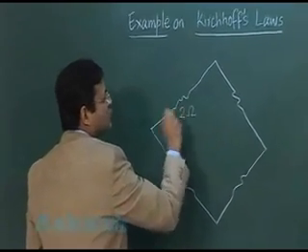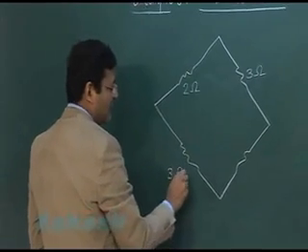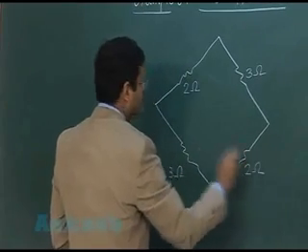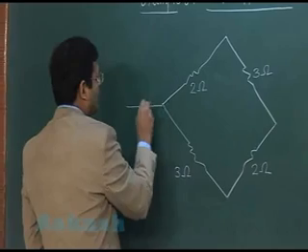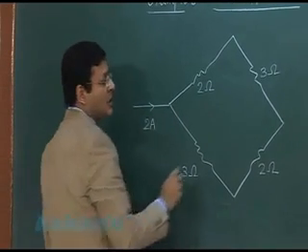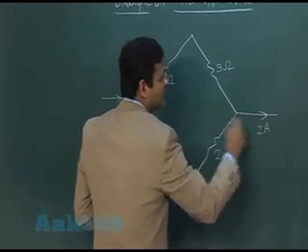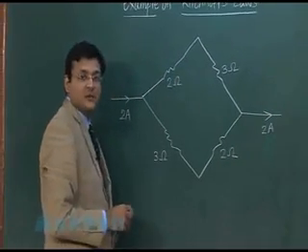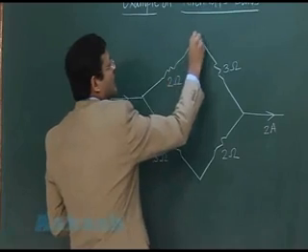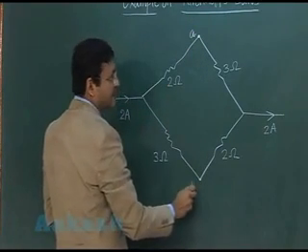This is resistance 2 ohm, this is resistance 3 ohm, this is resistance 3 ohm, and this is resistance 2 ohm. Current 2 ampere is flowing here, which is essentially coming out from this end with the same value, and say here is a point A and here is another point B.